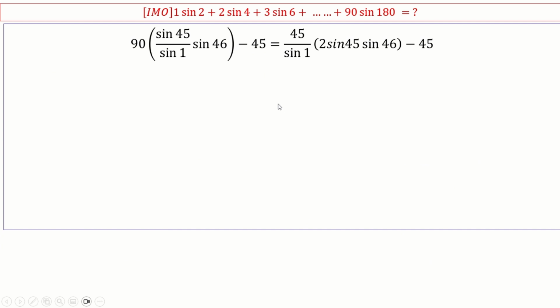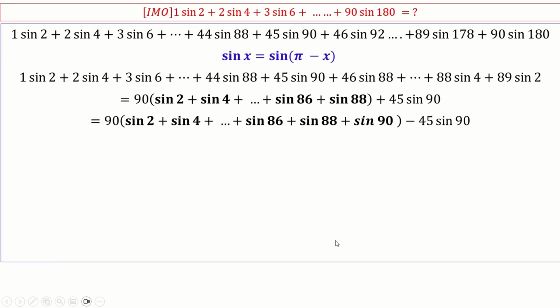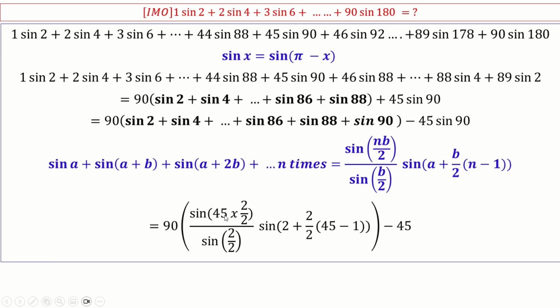So I just need to simplify this. How can I do this? One is sine 45 by sine 1. This is sine 45 by sine 1 into sine of 44 plus 2, which is 46.